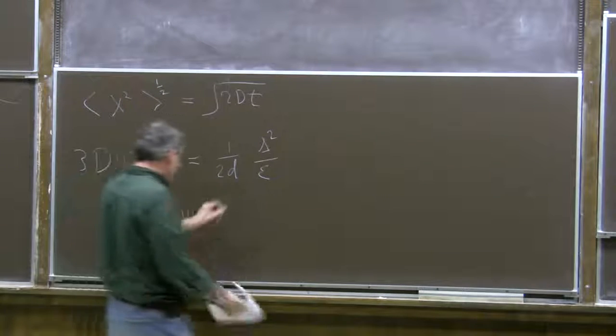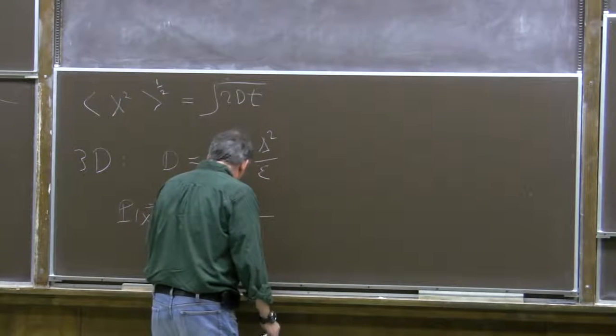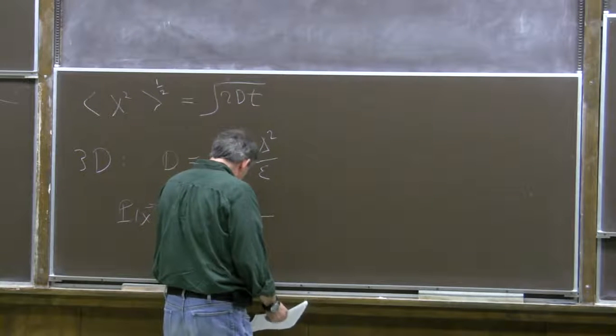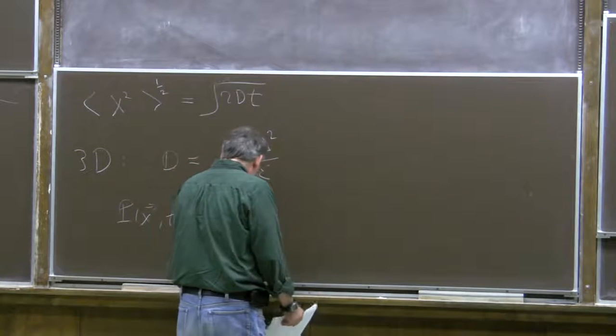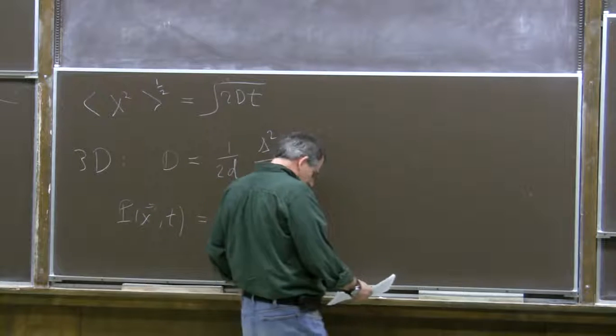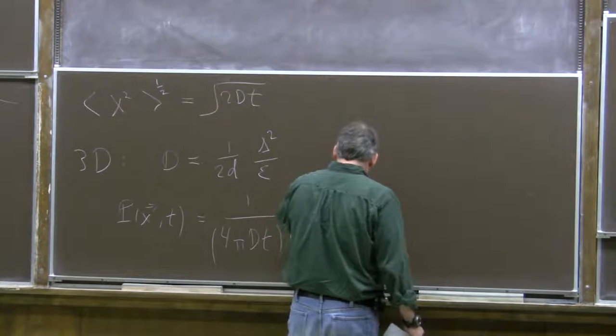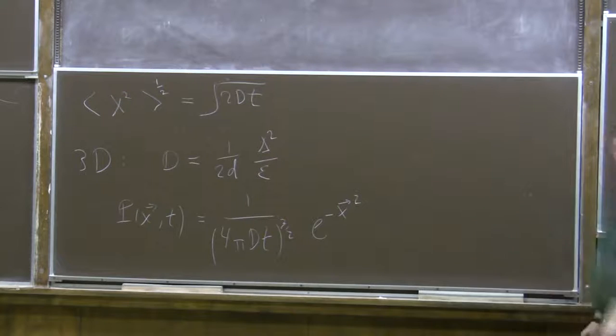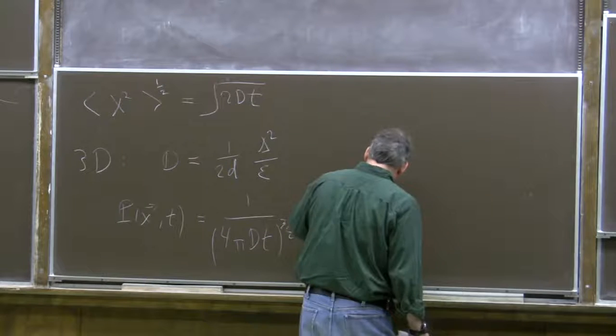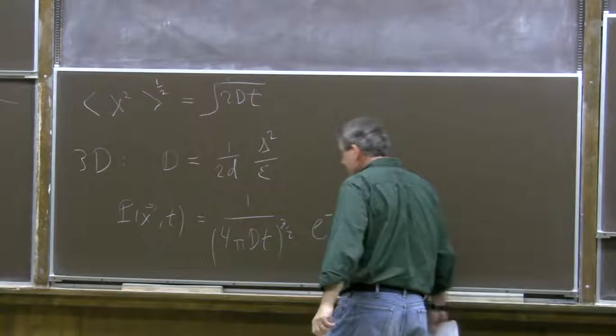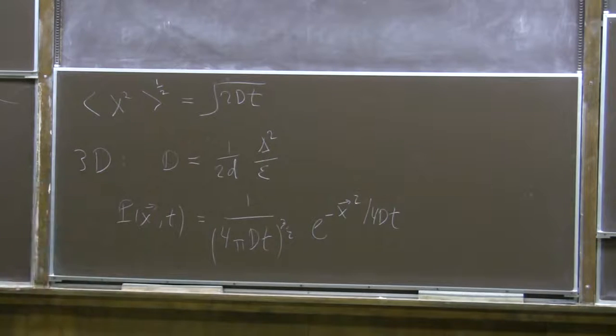So it would be 1 over 4 pi Dt to the 3 halves, and then the exponential, e to the minus vector x squared, so x squared plus y squared plus z squared divided by 4Dt. And that would solve the 3-dimensional version of the diffusion equation, in which this second derivative becomes the gradient squared for a function of x, y, z, and t.